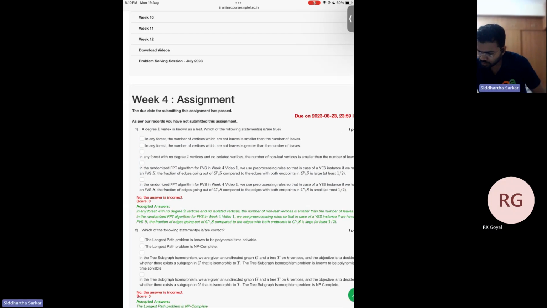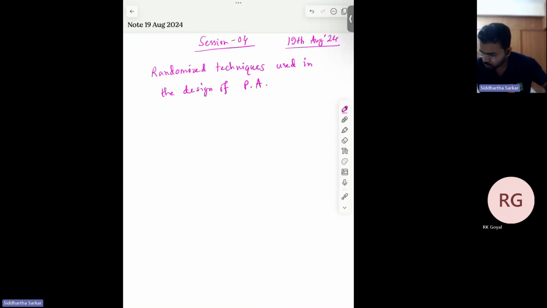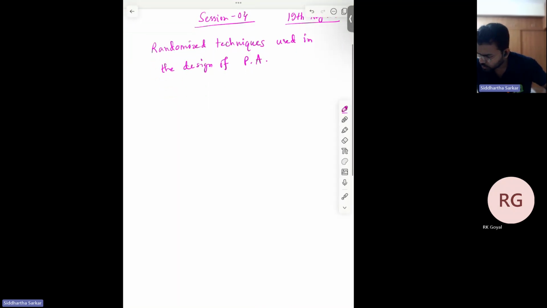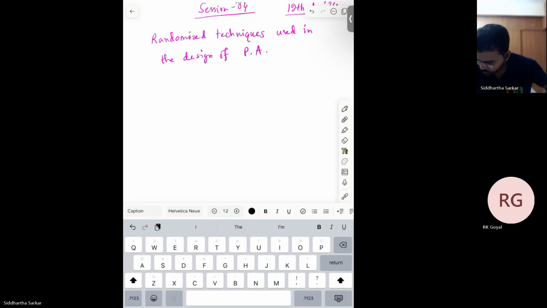So I will copy these 5 options and paste them on the whiteboard. Let's put the text box. No, I said reverse.